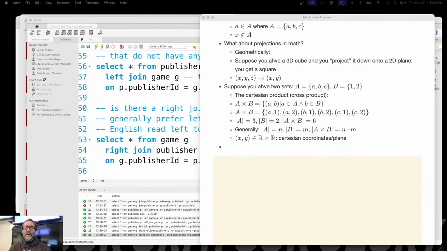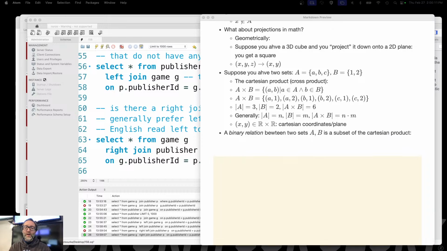So a relation, a binary relation between two sets, A and B, is a subset of the Cartesian product. So here I'm not going to use math bulb, I'm going to use R instead. R is a subset of A times B. Something like that. Have you seen that before?